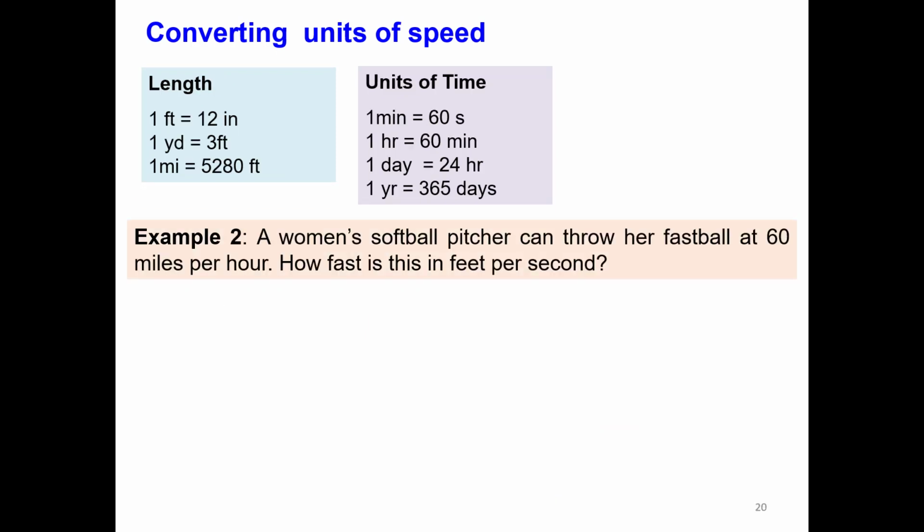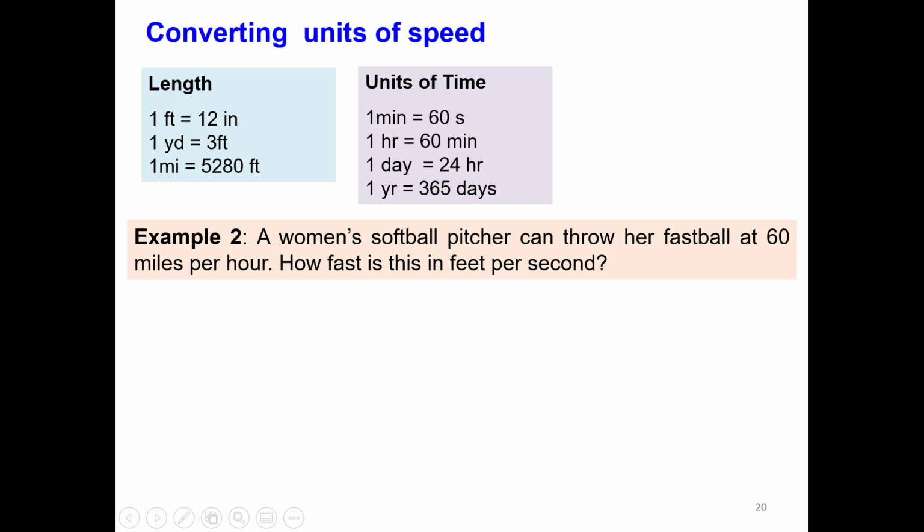And now let's go with the last problem we will discuss in this section. We want to solve this problem. This is a word problem. A woman's softball pitcher can throw her ball at 60 miles per hour. How fast is this in feet per second?